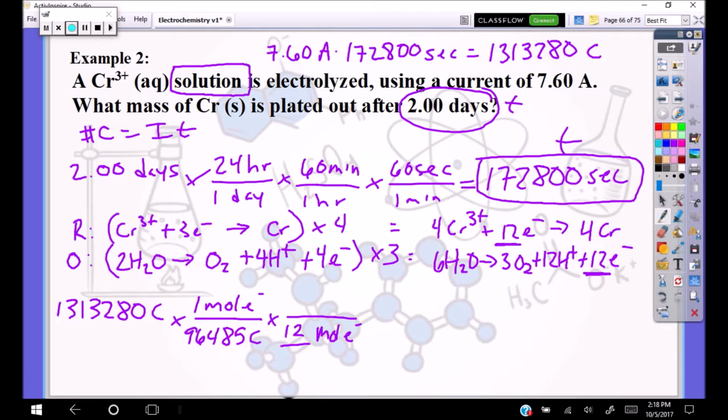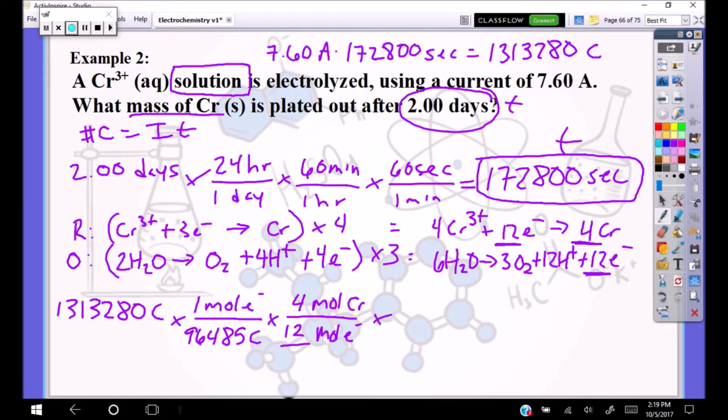And what are we trying to find? We need to know moles of what? Trying to find the mass of chromium that's solid, so we need to figure out the moles of chromium that's solid. So if we're doing mole to mole, 12 to 4 ratio, we need 4 moles of chromium in this reaction to get us there, right?